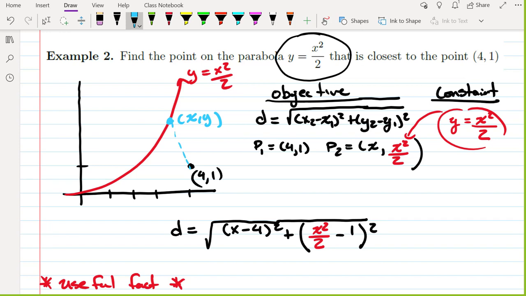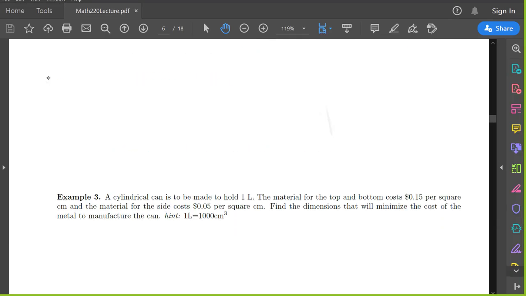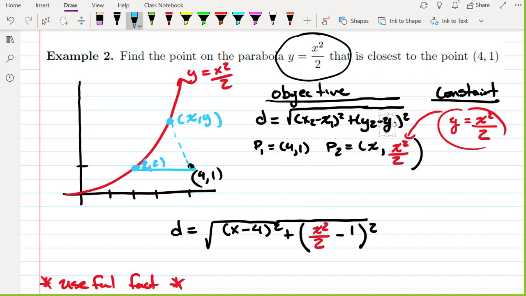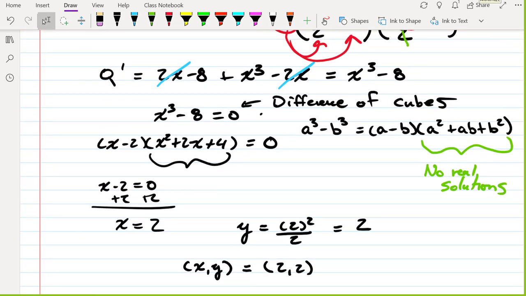My parabola is terrible, because it doesn't actually go through the right point, but if we found the point 2, 2, and we did a graph, that would give us the point that is closest. And yeah, I didn't put a graph on here.